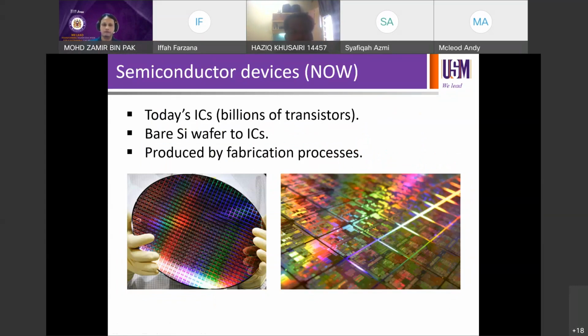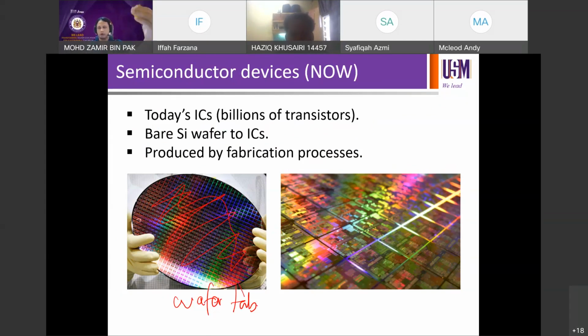If you talk about a wafer fab, normally a wafer fab will receive bare wafer, empty, round silicon. There is no circuit at all. Plain shiny silicon wafer. So that is the input to the wafer fab.